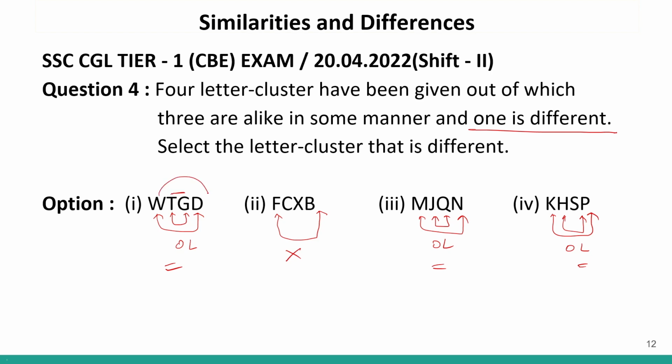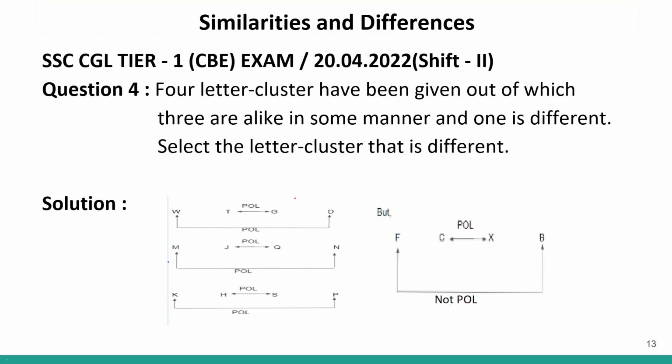These pair and this pair. Only for F, C, X, B, I can see that even though C and X are opposite letters, F and B are not opposite letters. The opposite for F is U and the opposite of B is Y. So this particular term does not follow the logic. Hence, our answer will be option number 2, F, C, X, B.